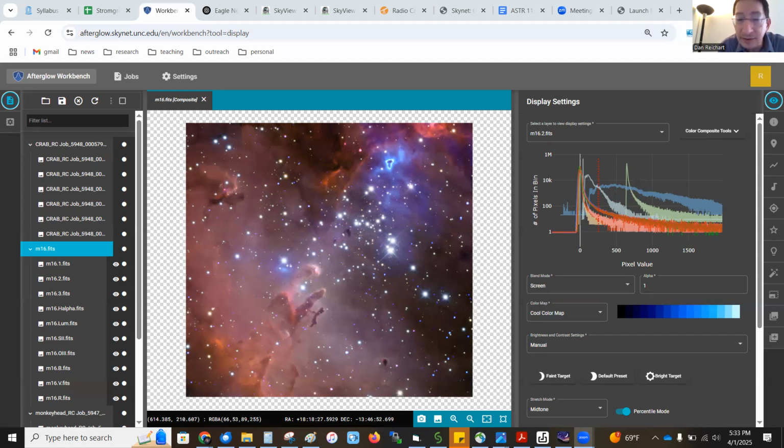You have many layers, but these layers can be put into three categories. You have the stellar layer. The LRGB combination is the stellar layer, and it focuses on the stars. So in this image, we see there's a whole bunch of stars, really bright, massive, hot stars that are driving everything that's going on in the image.